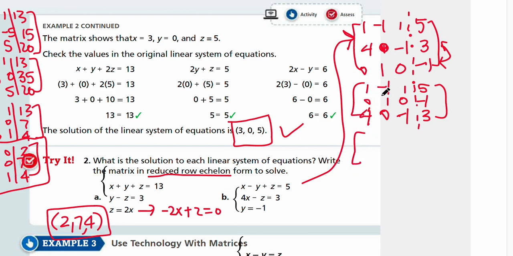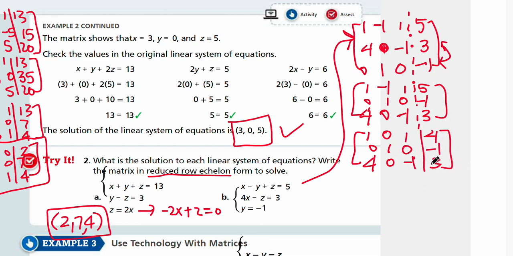So we're going to add the first and second row to rewrite the first row. So 1 plus 0, 1. Negative 1 plus 1, 0. 1 plus 0, 1. 5 plus negative 1, 4. Right? And then you have 0, 1, 0, negative 1. 4, 0, negative 1, 3 here.